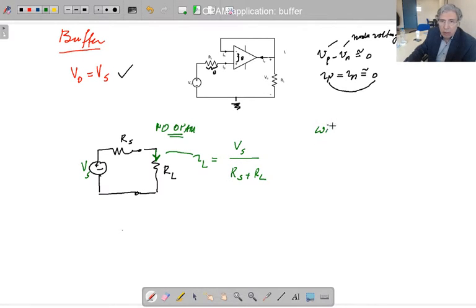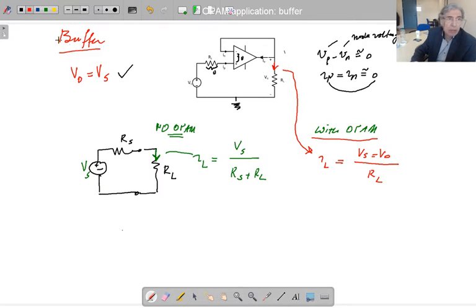So with op-amp, let me change the color now. With op-amp, we said Vs equals V0, so that IL current here is going to be V0 equals Vs, so Vs equal V0 or V output over RL. That is this I have here.